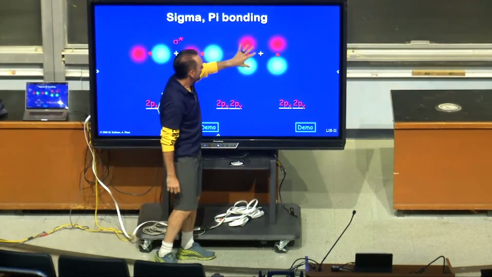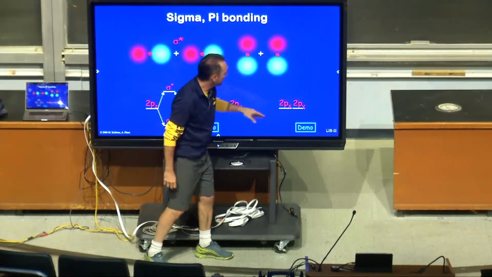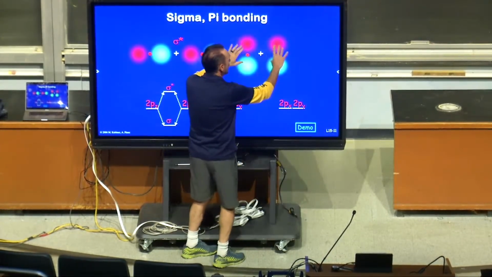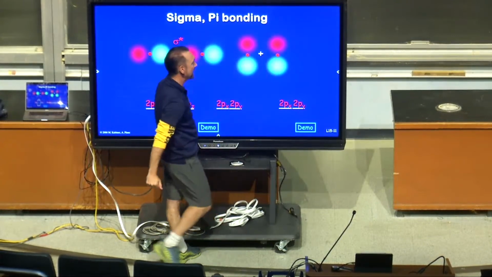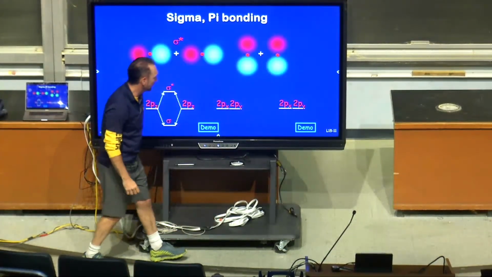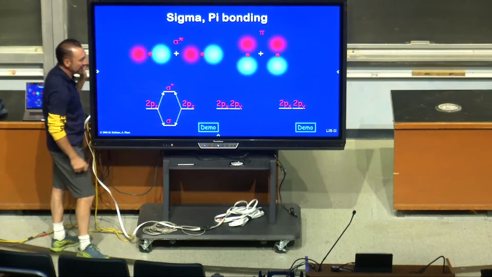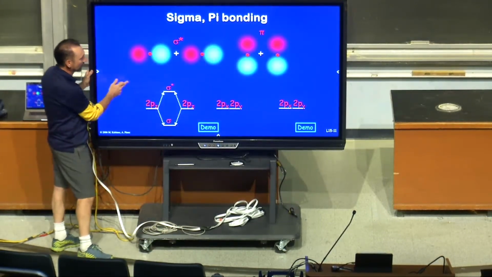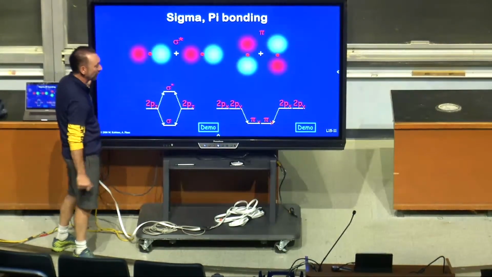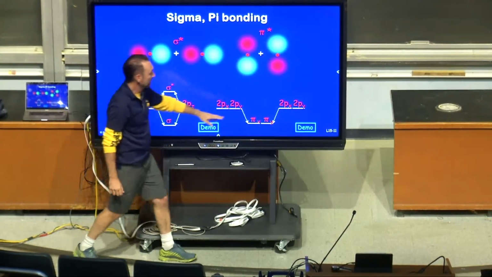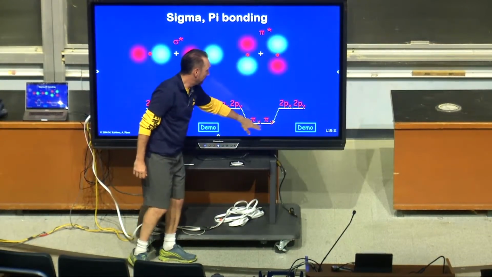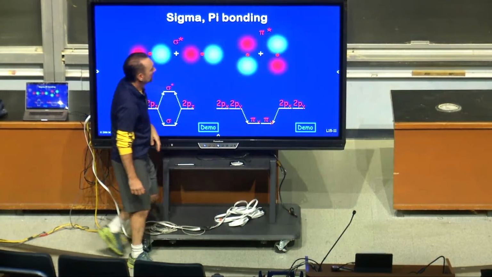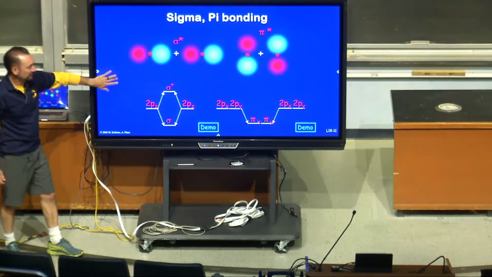Now, the px and py are left over, and they are above and below the plane, the px here and the py coming out at you, but they are equivalent in energy. You would add 1, 2, 3, 4 atomic orbitals, and you would form 4 molecular orbitals, the pi bonding and then pi antibonding when you add them with the opposite sign.